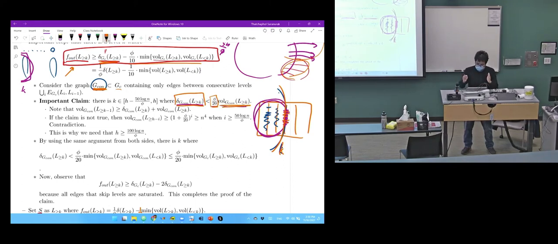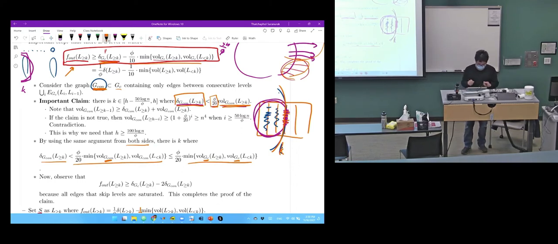So it's sparse, but just by doing the same argument from both sides, you can say that this thing is less than the volume of both sides. By the way, G-con is a subgraph of GC, so you have this too. This is GC.